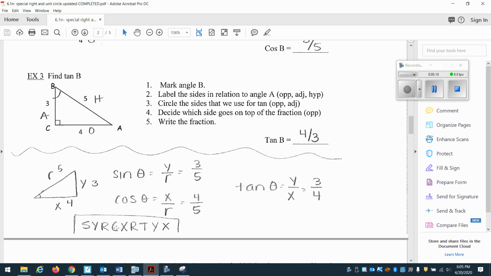Then cosine is x over r, adjacent over hypotenuse, and tangent is y over x, opposite over adjacent. So again, this is another tool that you will be able to use to remember, especially when it comes to the unit circle, which we're actually starting right now.